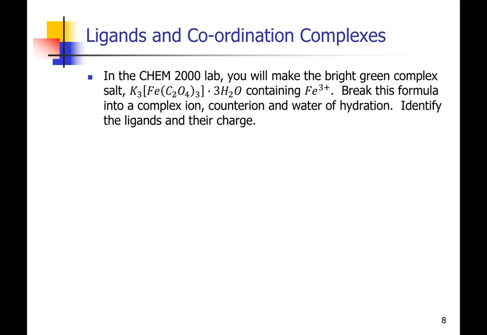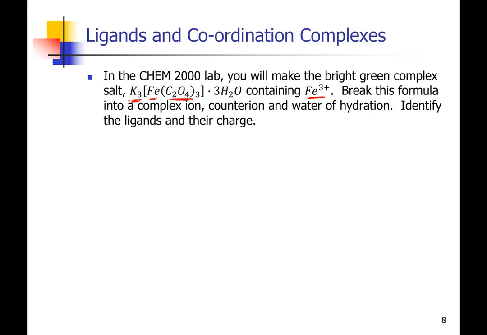And so an example of a compound containing all of these components is a beautiful bright green crystal that you're going to get a chance to make in the Chem 2000 lab. There is a transition metal cation with +3 charge. There are ligands. Because our overall coordination complex is a complex ion, it has a net negative charge.